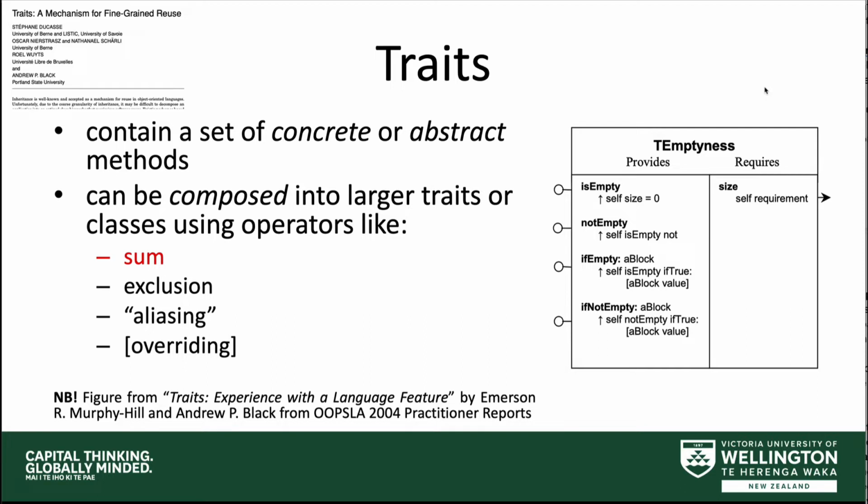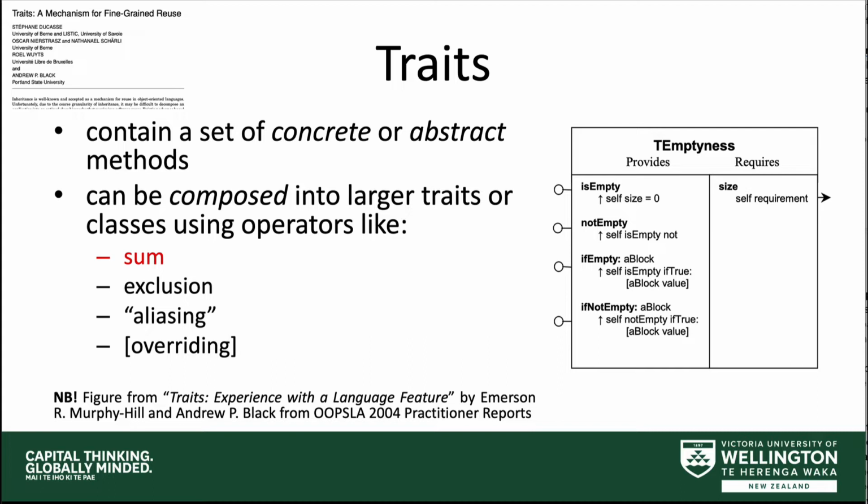The 4 methods on the right, like isEmpty, nonEmpty, ifEmpty, ifNotEmpty, are implemented, and that's why it provides these methods, while the methods on the right, like size, are the methods that are just given as the signature without any body. You can then imagine many traits like this, and you can then even imagine combining them together to see what traits you can use to provide the method size, or what traits you can then use tEmptiness with that will then use those implementations of size.